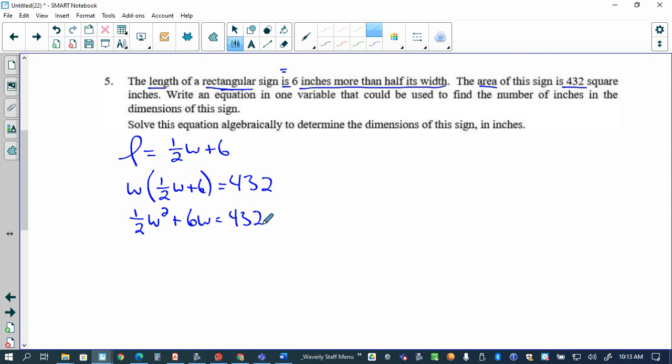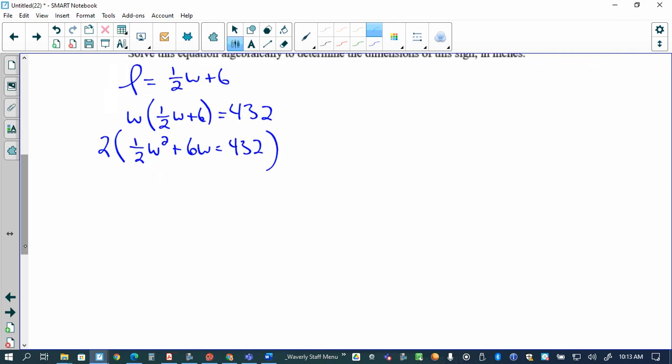So what does this give us then? 1W squared, or just W squared, plus 12W equals 864. Big deal. See, no more fraction, right?